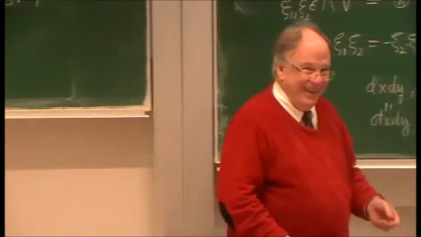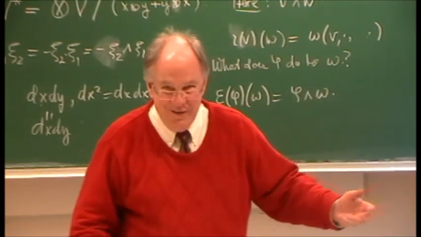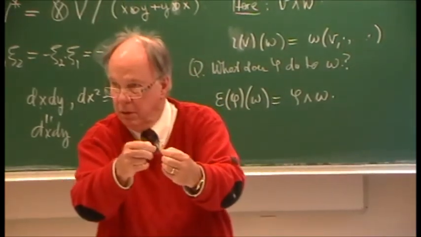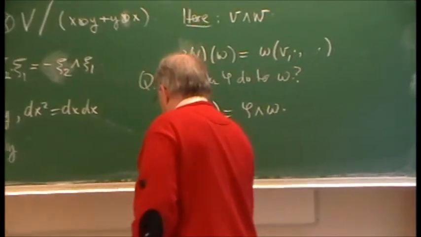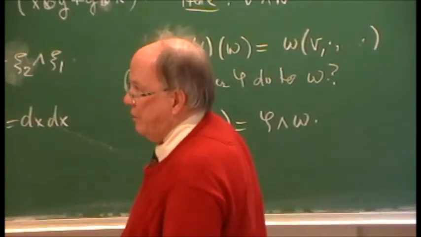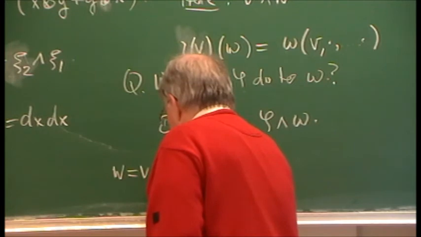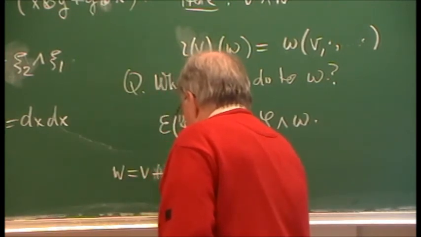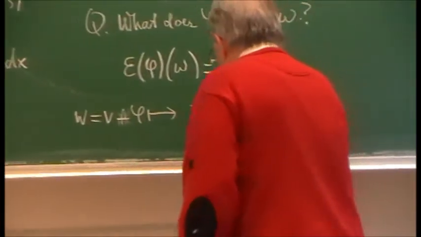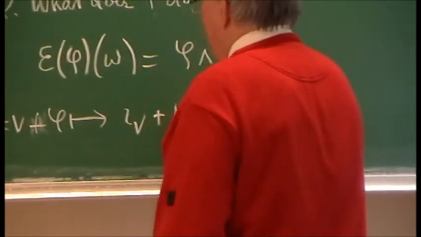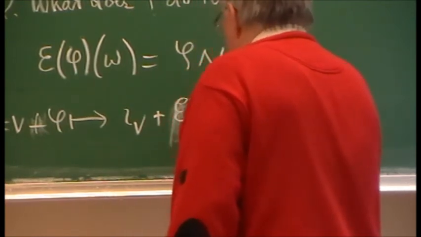Guess what? This extends to the full Clifford algebra. First of all, it's only defined on W, but these relations are, in other words, let me try to be very careful, W, which equals V plus phi, acts by contraction plus wedge product, exterior multiplication by phi.